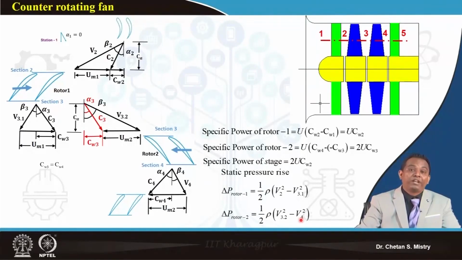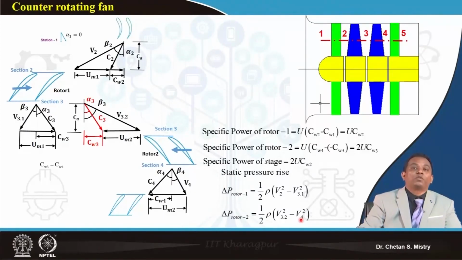So by incorporating this counter-rotating configuration, we are able to achieve high pressure rise. Now, there are many advantages of this configuration. If I remove the inlet guide vane and outlet guide vane, there is no need for a stator between the two rotors.